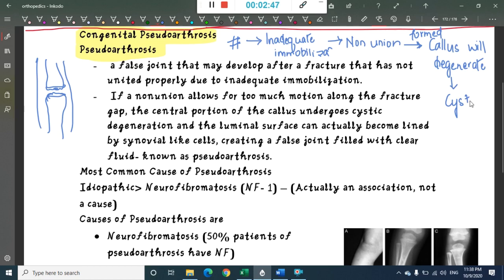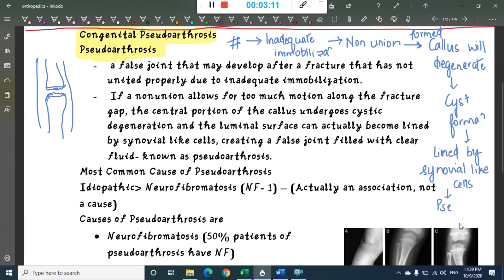Interestingly, this cyst is lined by cells which are like synovial cells. They are not synovial cells, but they are lined by synovial-like cells, and this leads to the formation of a pseudo joint.